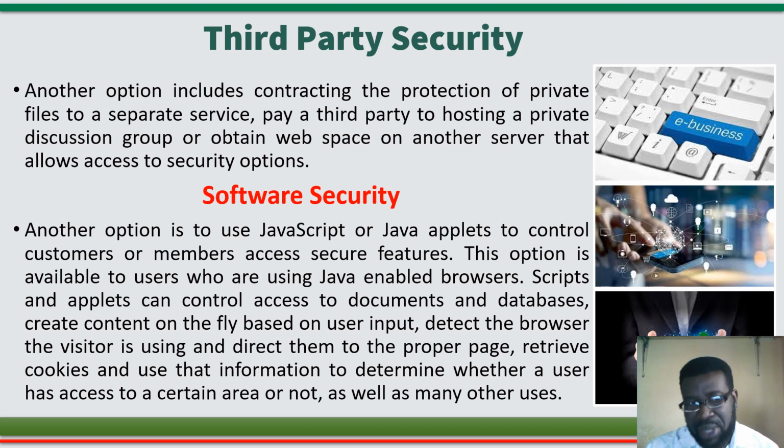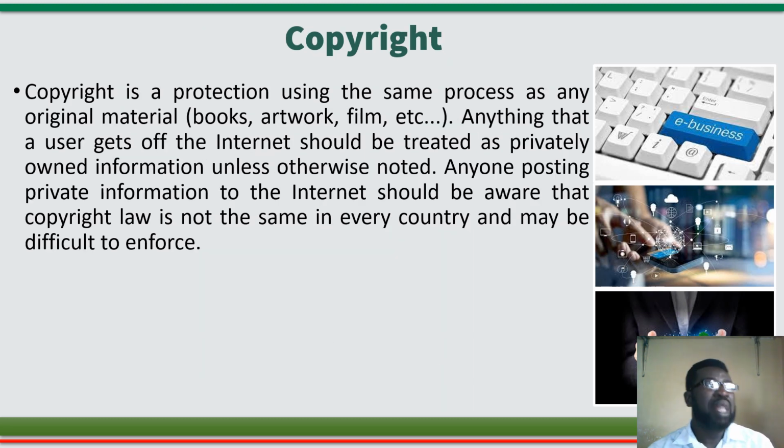They detect the browsers the visitor is using and direct them to the proper page. They retrieve cookies and use that information to determine whether a user has access to a certain area or not, as well as many other uses. So that software is quite enabling.